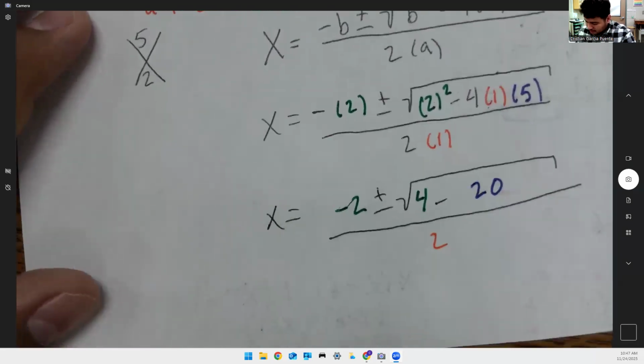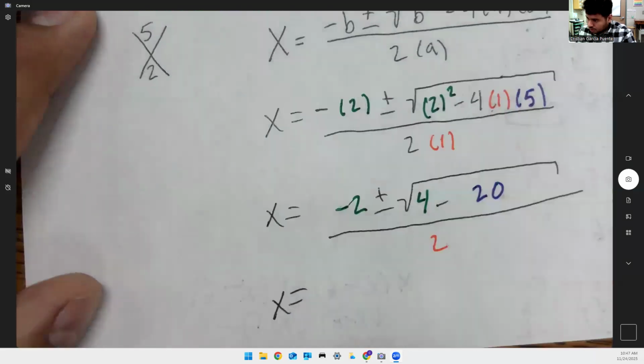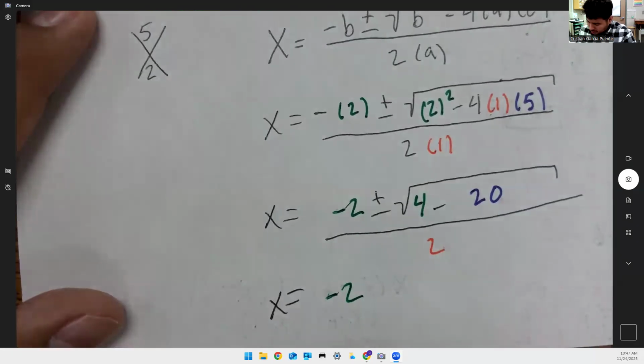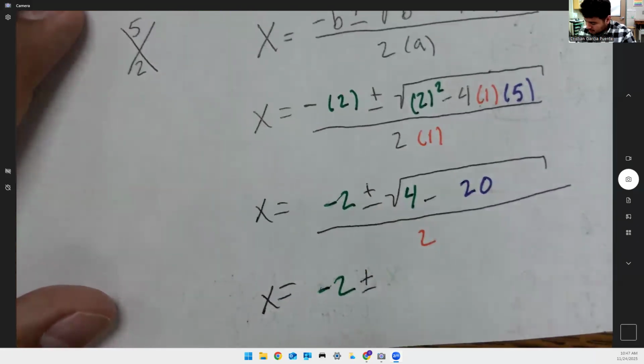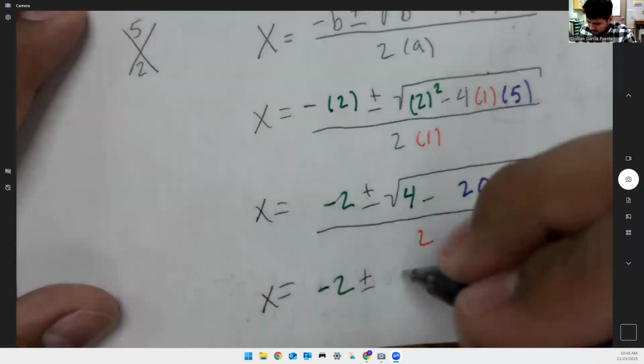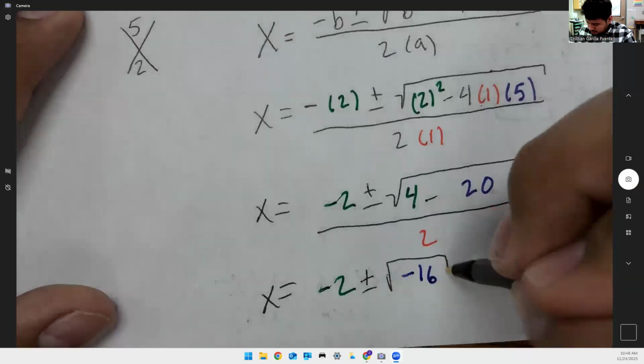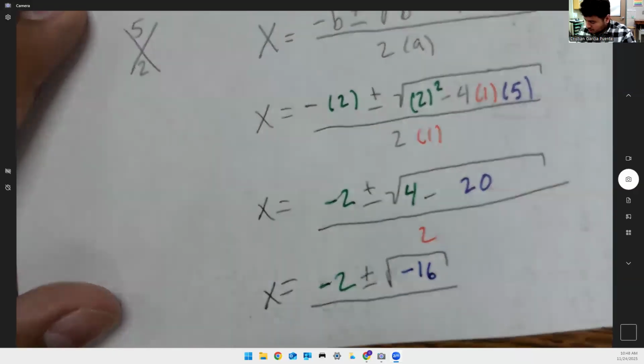So now you just simplify. So x is equal to negative 2 plus or minus, what's 4 minus 20? That's just going to be negative 16, all over your 2.